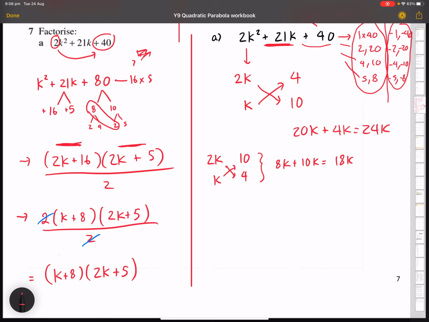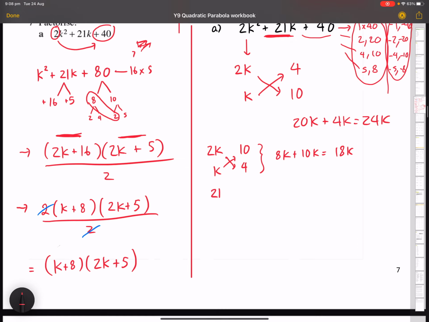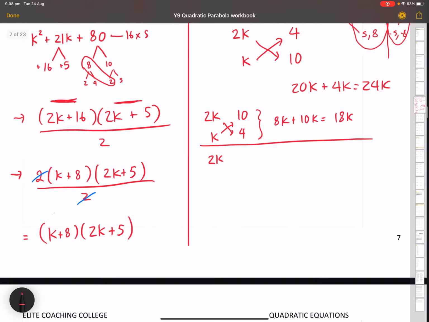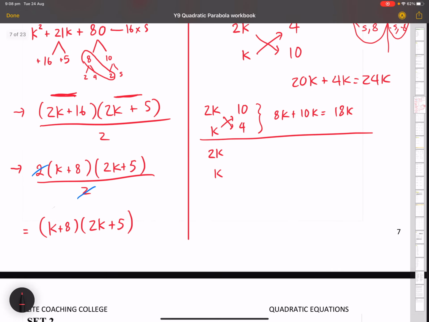So let's try 5 and 8. It's 2k and k, and I'm going to have 5 and 8. Cross multiply, and I'm going to have 8 times 2 is 16k, plus 5 times k is 5k. Add together, you get 21k, which is perfect, which is what we're looking for.